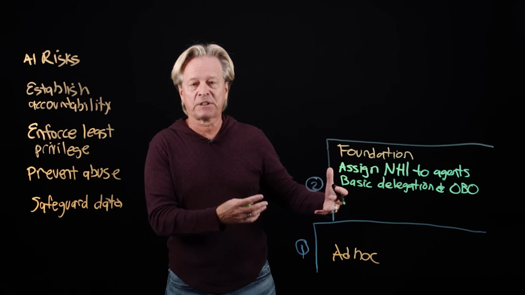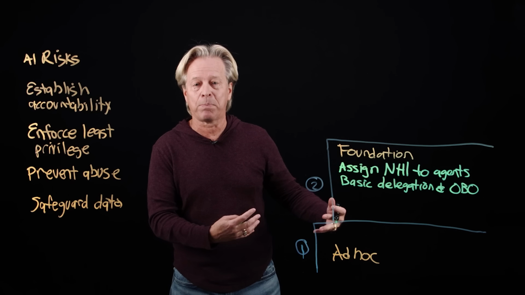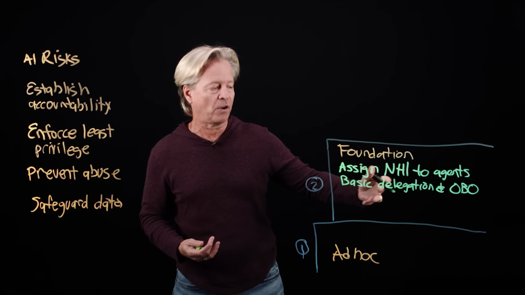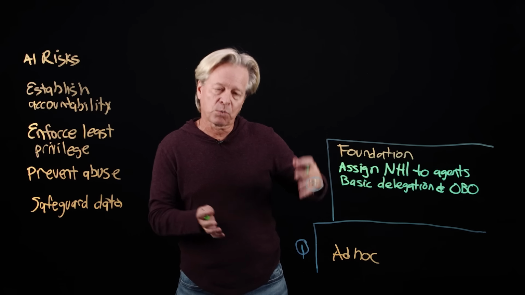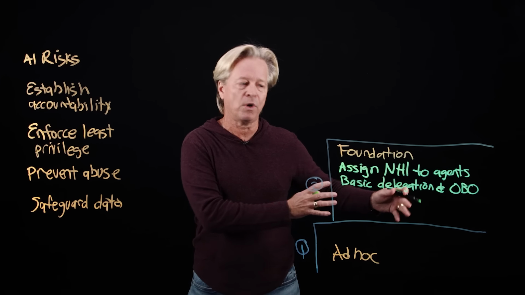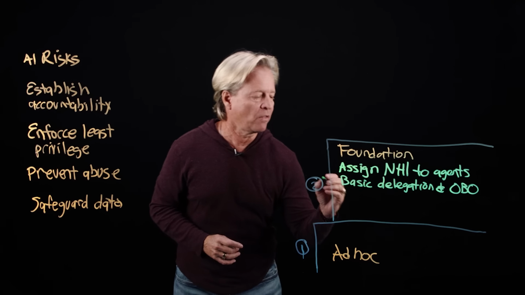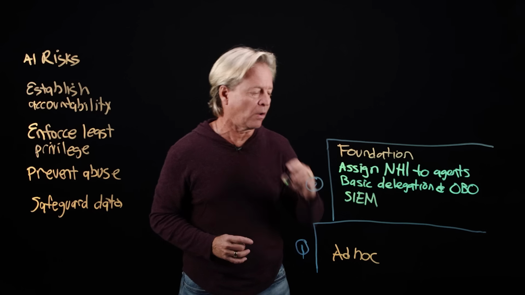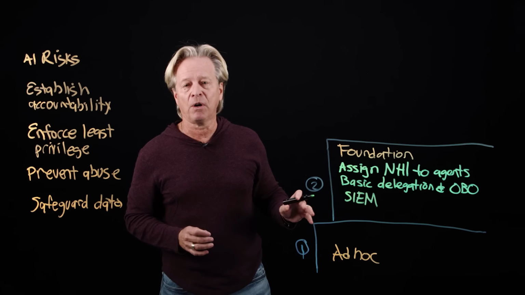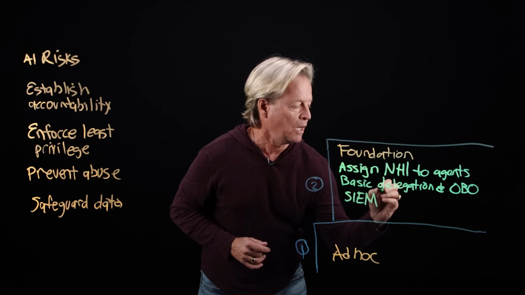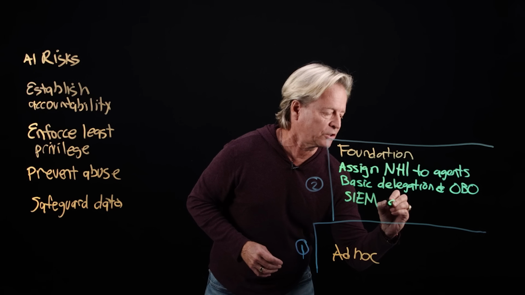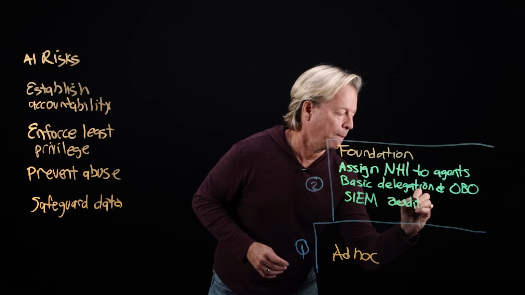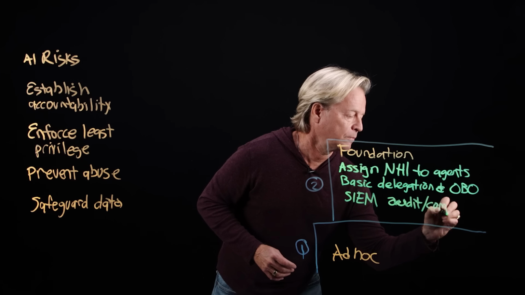Now that's for a system where the agents are actually representing people, but we also have autonomous systems where the agents are acting on their own. And even in those cases, we're delegating rights from one agent to another. We want to maintain this. And then the last thing that we really want to do at our foundation level is have a SIEM, our security information and event management. So we put a SIEM in place so that we have auditability and compliance.